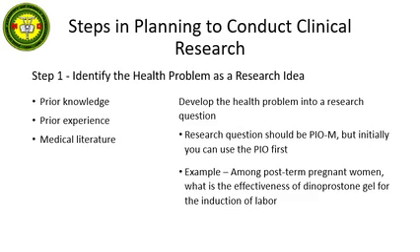Okay, so now let's go to the steps in planning to conduct clinical research. Basically, the first step that you need to do is to identify the health problem. And the health problem should usually be the source of your research idea. This research idea or health problem can actually be an experience based on, number one, prior knowledge, your previous reading, or not only your previous reading, but maybe actual experience.